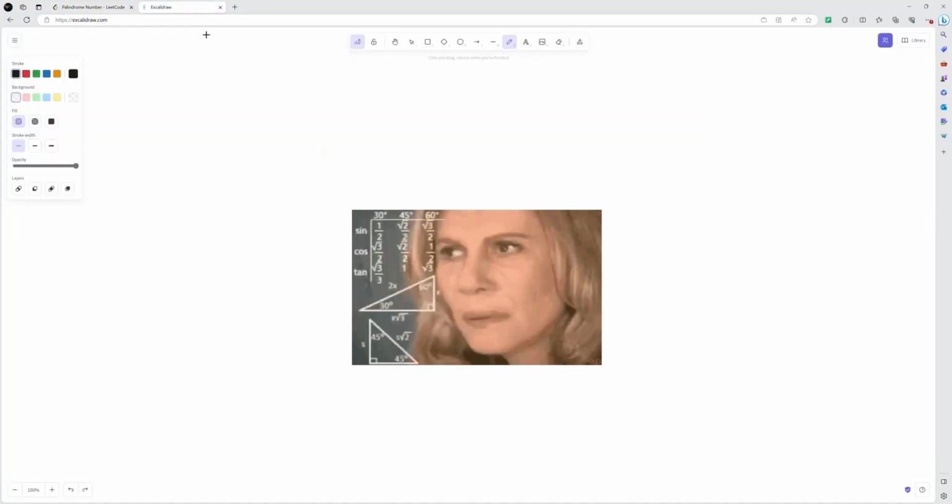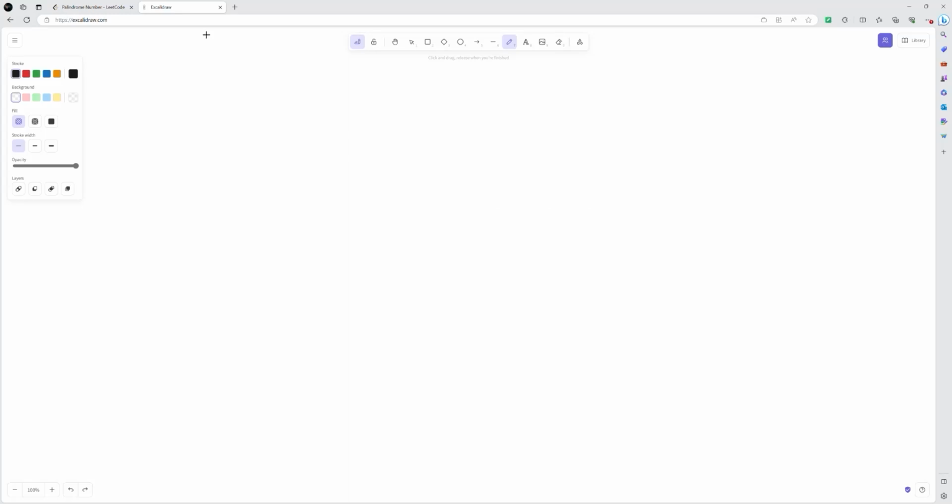And we will start with an example. For this example, we will use the number 9,889. So it's clearly a palindrome because we have connecting 9s and 8s. How are we going to solve this?